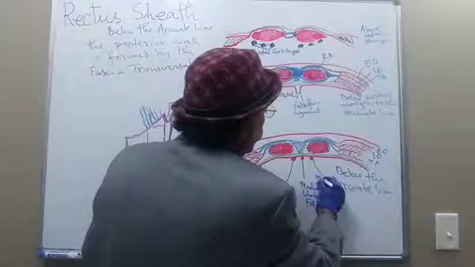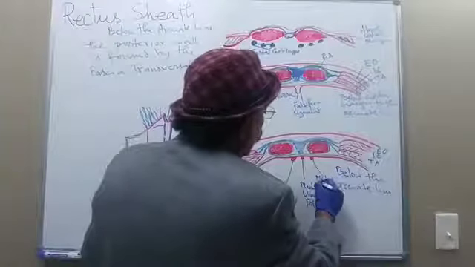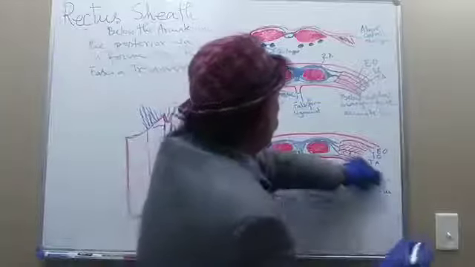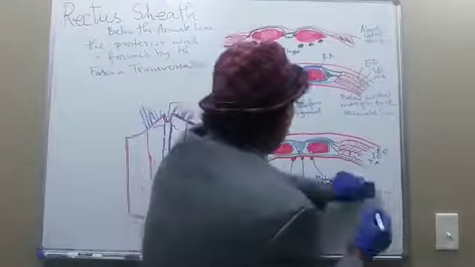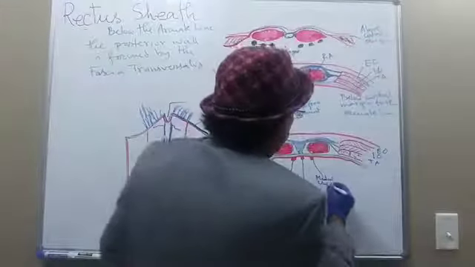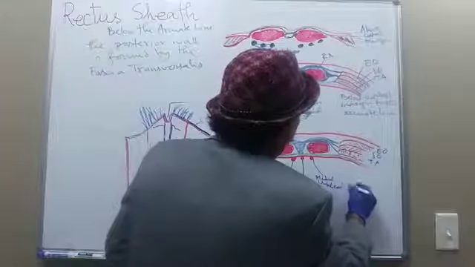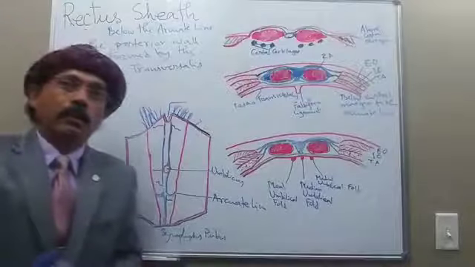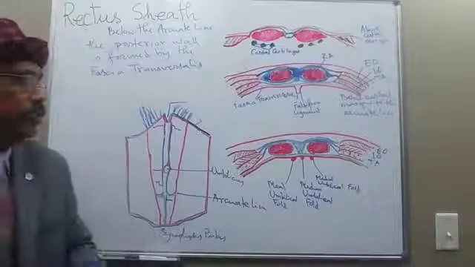Here medial umbilical fold. So we got the formation of the rectus sheath.